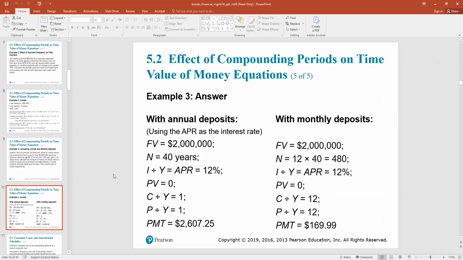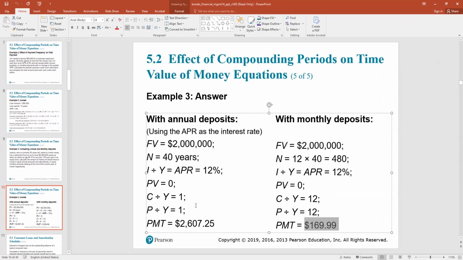So basically, one is annual deposits, the other one is monthly deposits. We can see in annual deposits, you're going to be paying 2,600 something, and monthly you're going to be paying 169. But still, you have to multiply by 12.